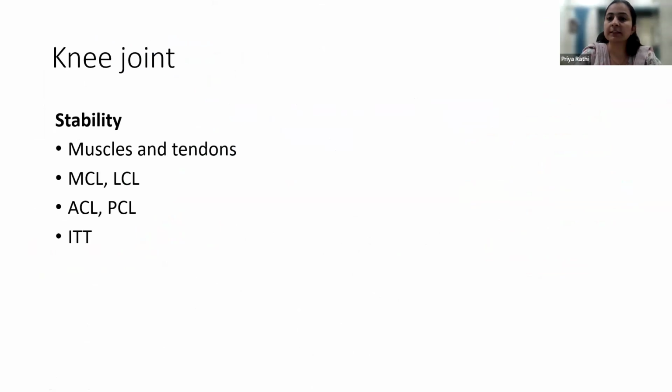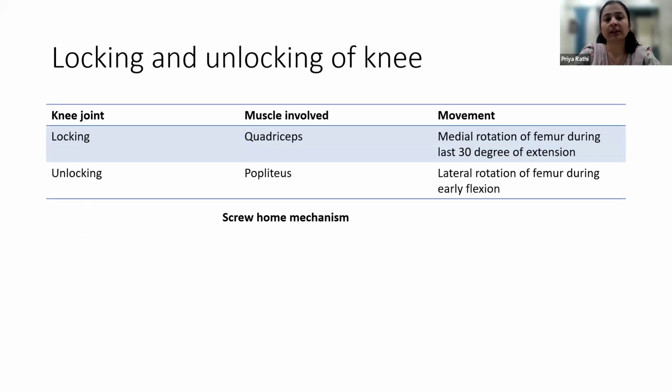So knee joint stability is being given by muscles and tendons, medial and lateral collateral ligaments, anterior and posterior cruciate ligaments, and iliotibial tract. Now there is a very important concept regarding biomechanics of the knee, that is locking and unlocking. As we know that the medial condyle of the femur is larger in size.